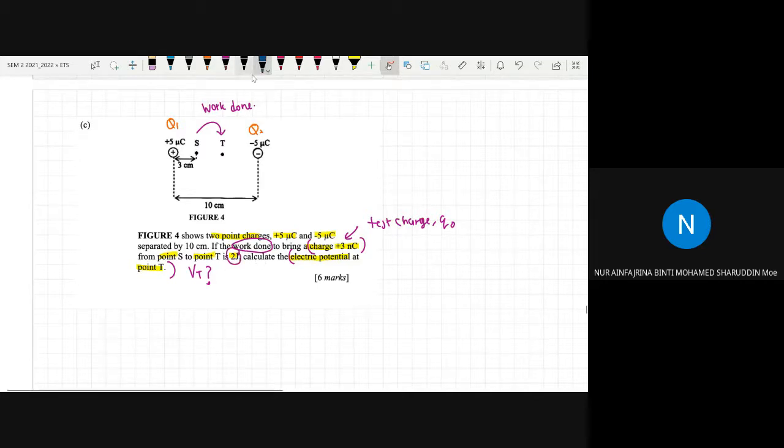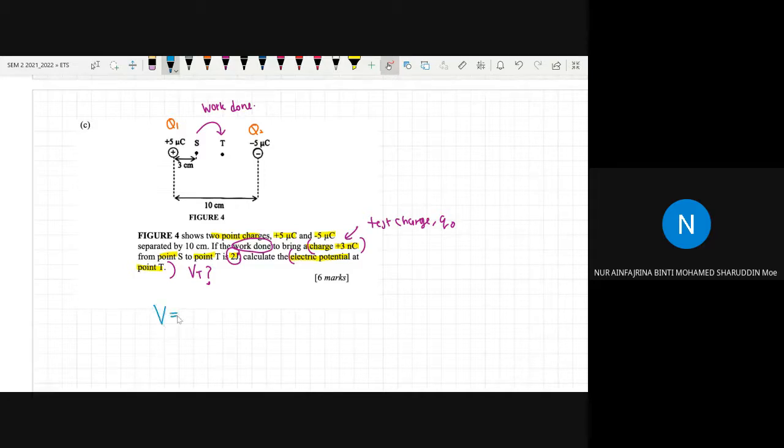Okay, Miss tak tahu apakah formula yang ada kaitan dengan work done. Okay, what is the formula for electric potential? Anyone? Yang ada work done tu.